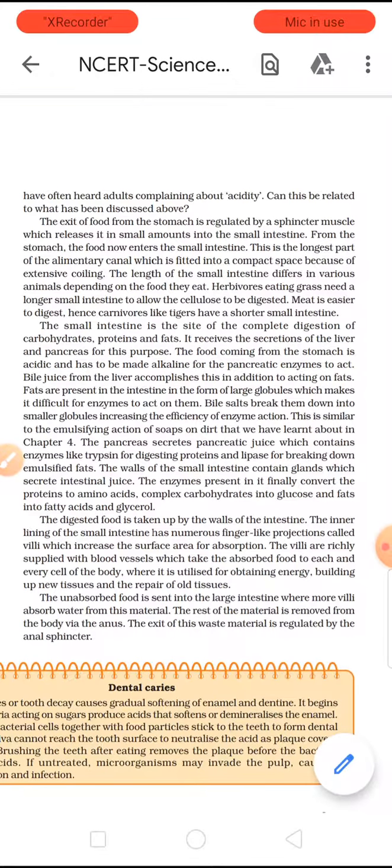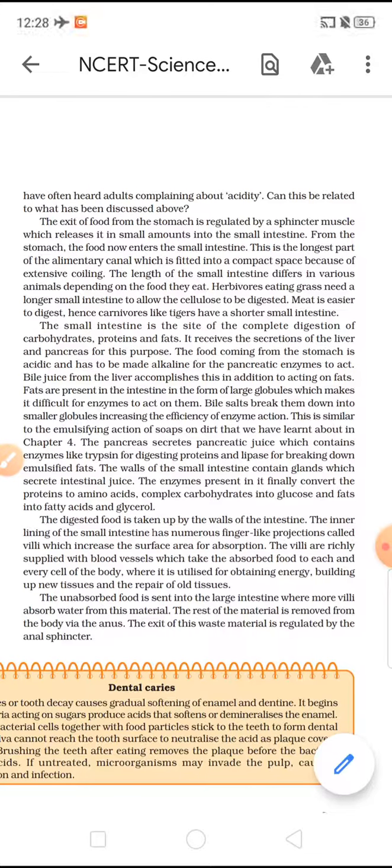The rest of the material is removed from the body by the anus. The exit of this waste material is regulated by the anal sphincter. Again we have a sphincter at the anus, and this sphincter is known as the anal sphincter.